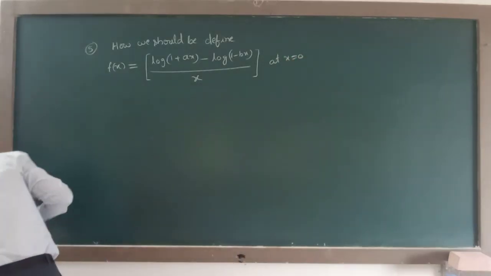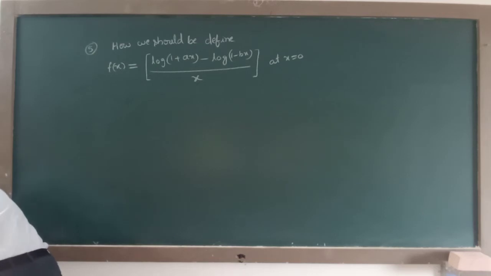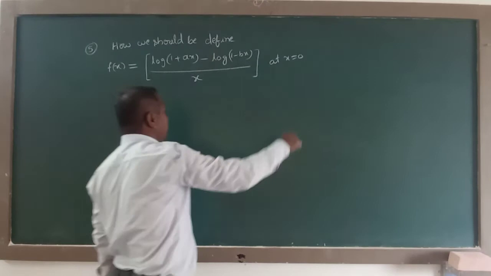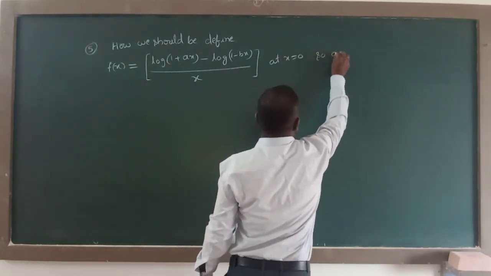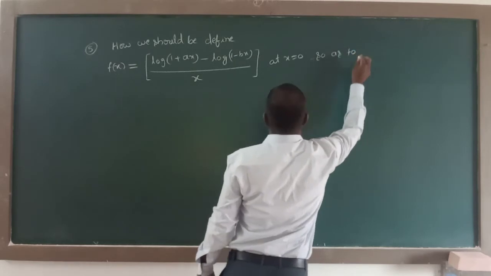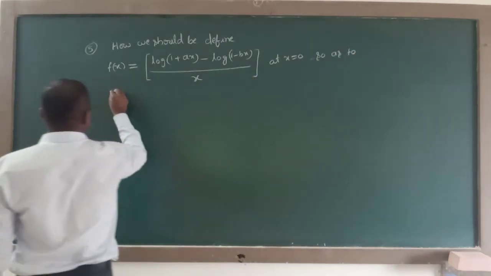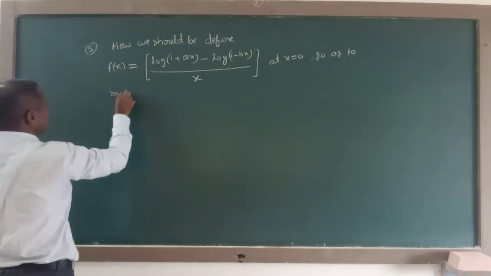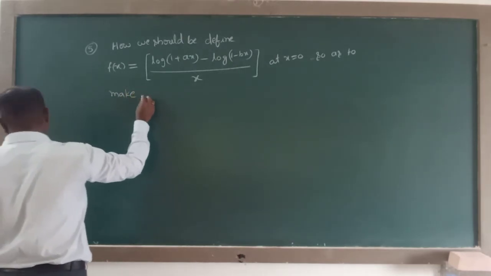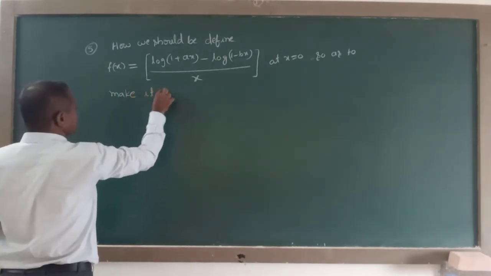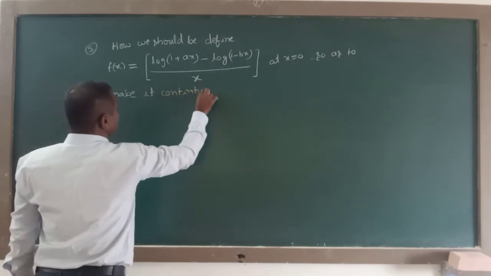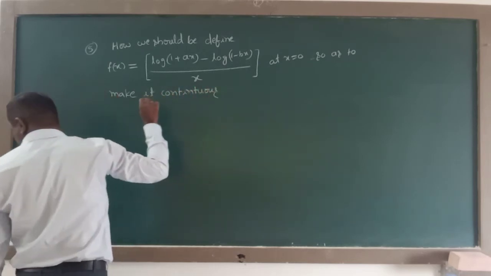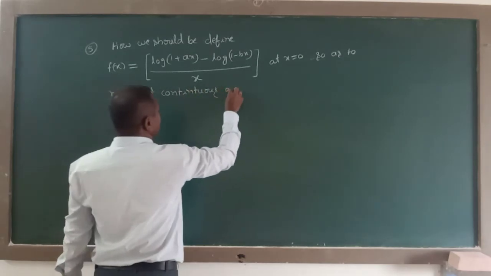so as to make it continuous at x equal to 0?